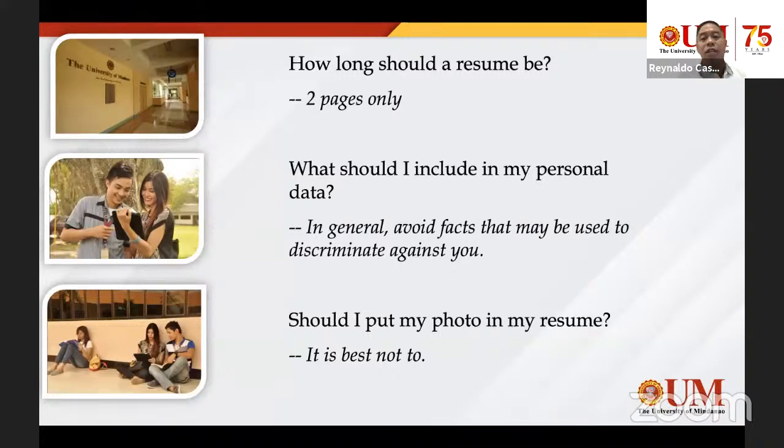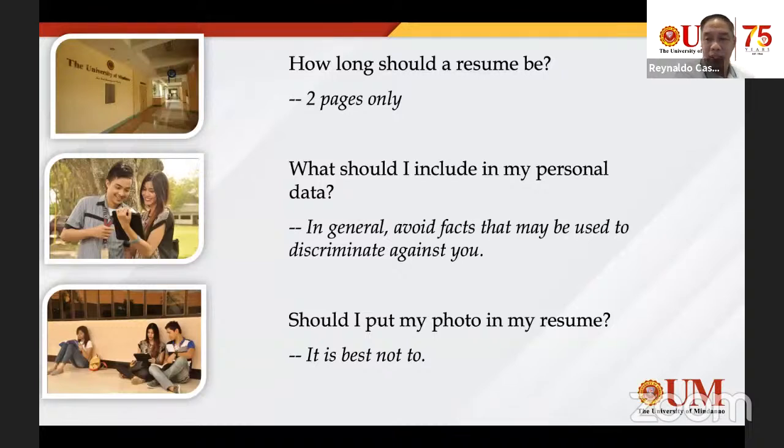So it's given that you should possess the basic knowledge for this position. What should I include in my personal data? In general, avoid facts that may be used to discriminate against you, like your height, weight, and religion. Those information should not be included in your resume, because of the data privacy law, and those are not important to the company anymore. Should I put my photo in my resume?